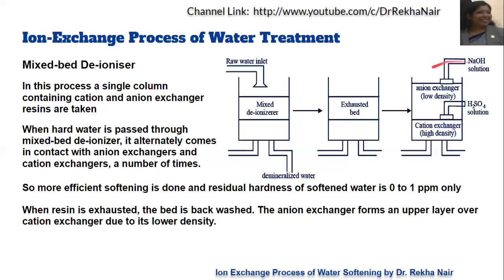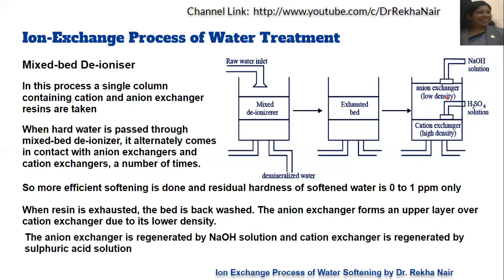The cation exchanger at the lower part can be regenerated by sending H2SO4 separately, and the anion exchanger, which is at the upper side, can be regenerated by sending sodium hydroxide solution.